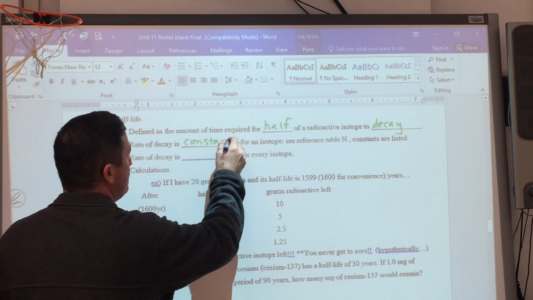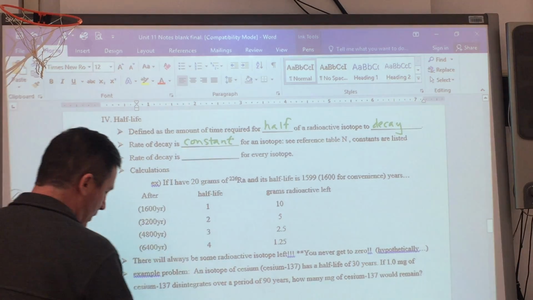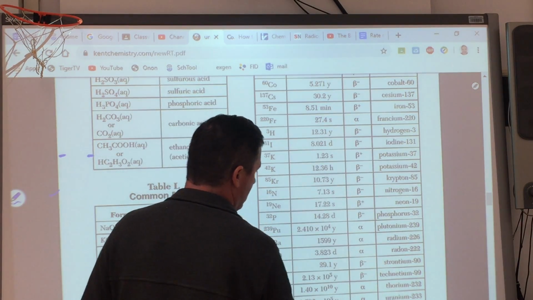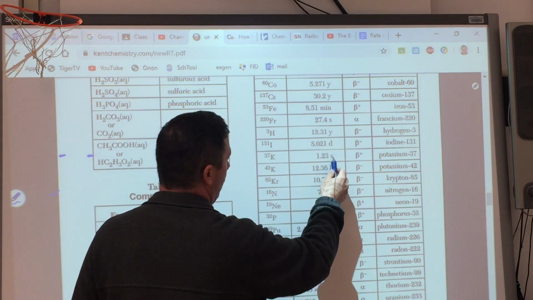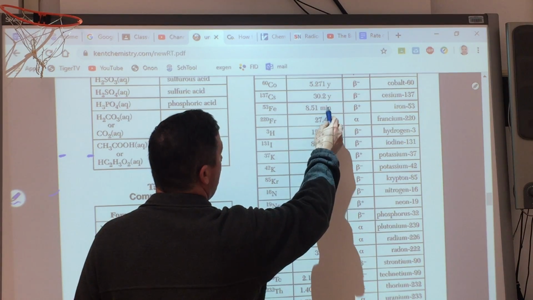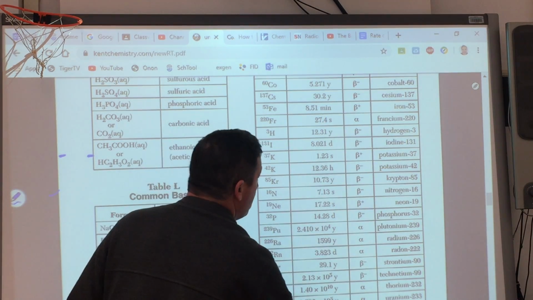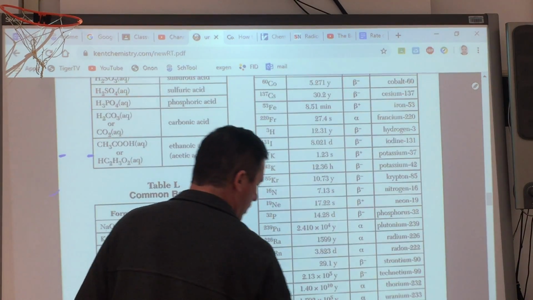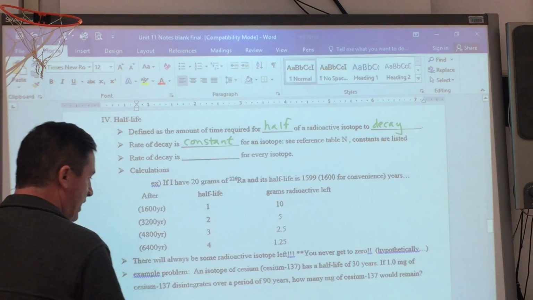It is fixed. That's why when we look at this, look at all these different units too. We've got seconds, hours, days, years, minutes. I think there's one that's milliseconds too. Milliseconds, right? So these are fixed. They decay at a constant rate.